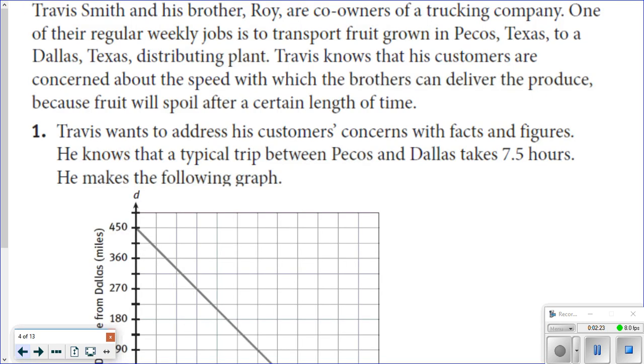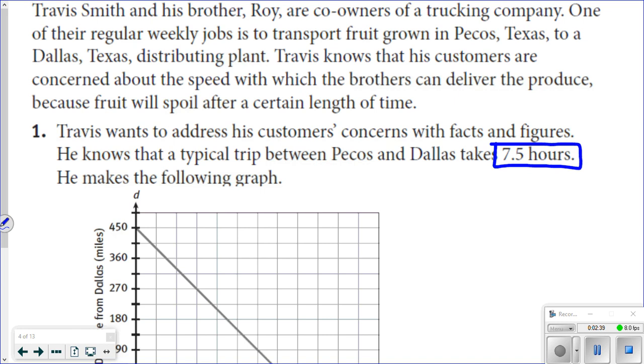So Travis wants to address his customers' concerns with facts and figures. He knows that a typical trip takes 7.5 hours. He makes the following graph below.